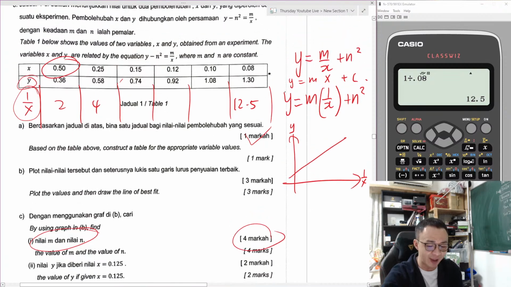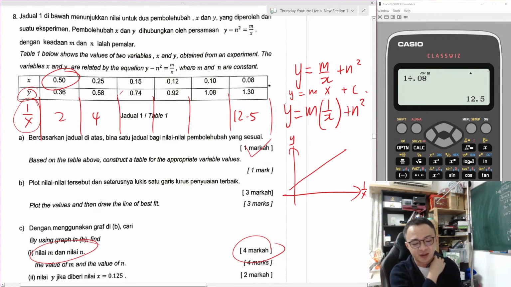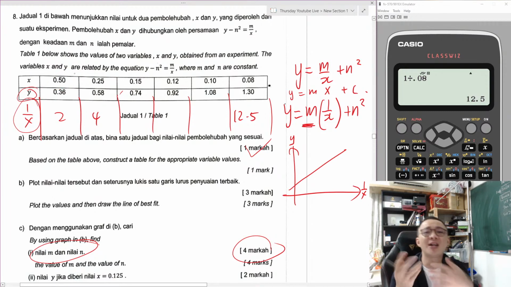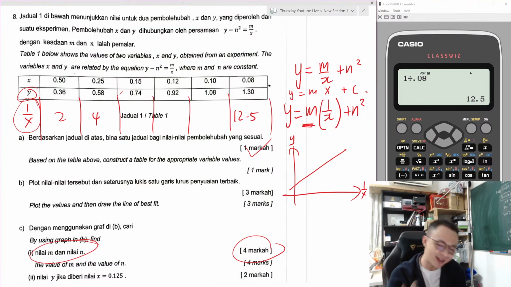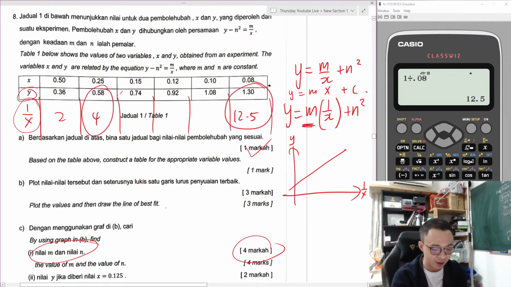How to find m and n: after you plot the graph, you should know m over here represents your gradient. Since you want to find a gradient, normally I will just find 2 coordinates, but I want to make sure these 2 coordinates touch your line after you best fit it. Let's say today I choose this coordinate and this coordinate, just as an example.